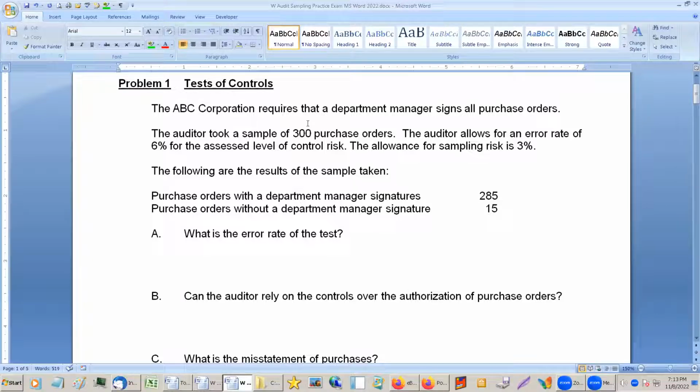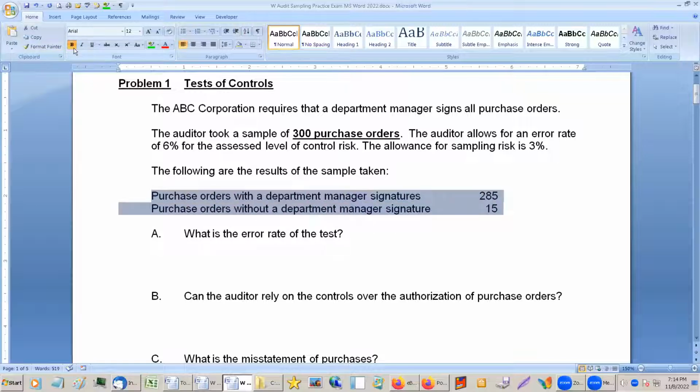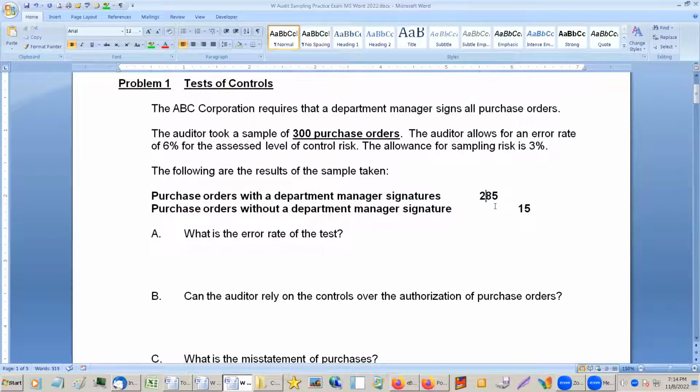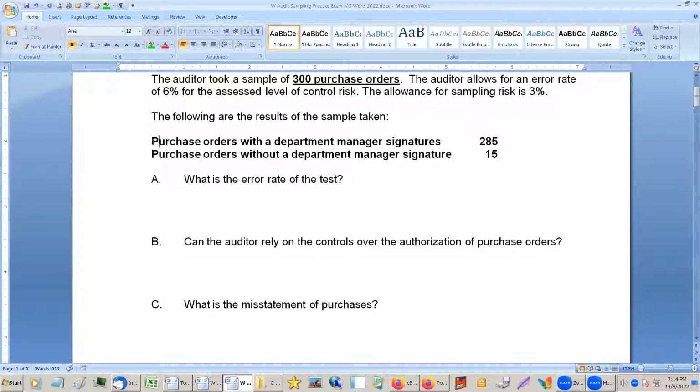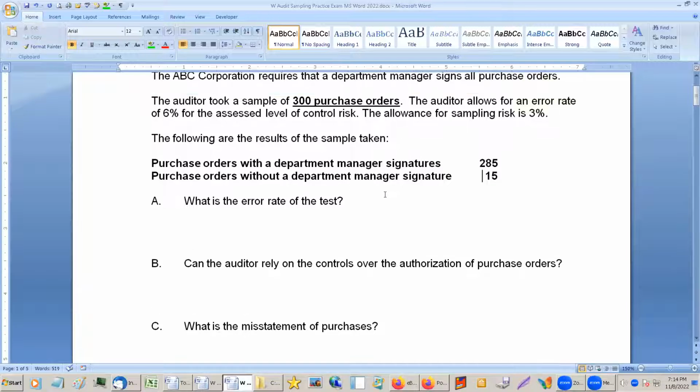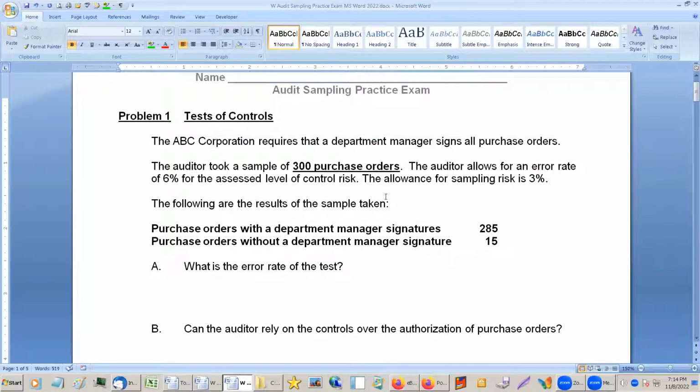So they took 300 purchase orders. And this is what they came up with. That of the 300 purchase orders, 285 were okay and 15 were not okay. So what's the error rate? 15. Well, you're going to take the 15 and divide it by, yeah, I see what you mean.